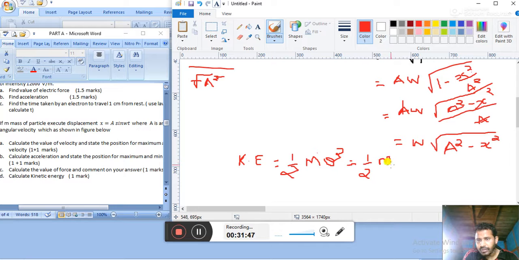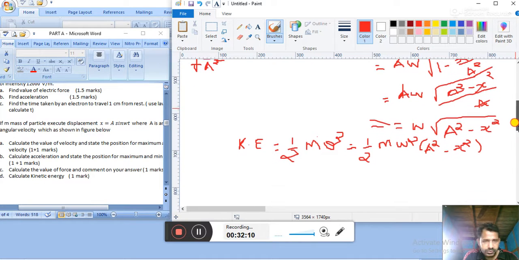Now what is the value of v squared? It will be omega squared times, squaring this velocity, the root cancels out, so a squared minus x squared. So we could solve the value of kinetic energy also by doing it till here.